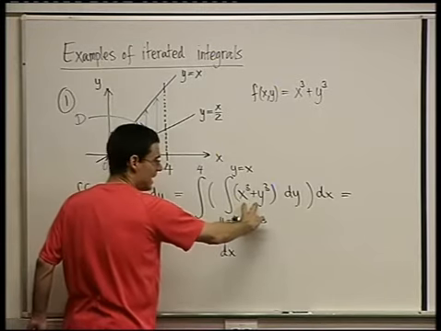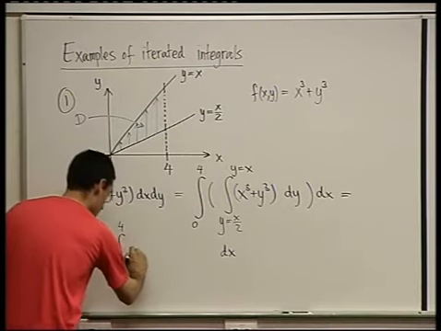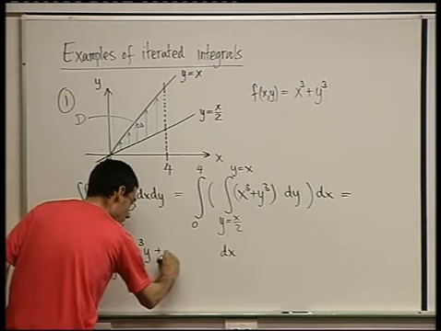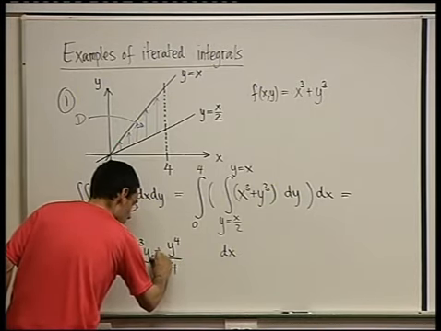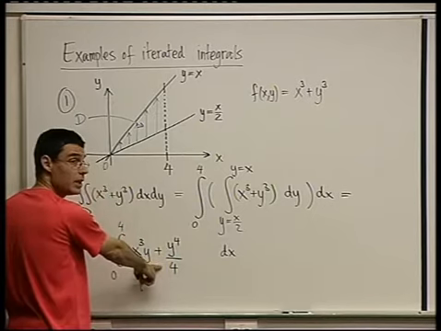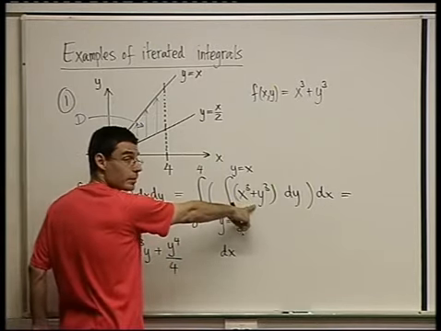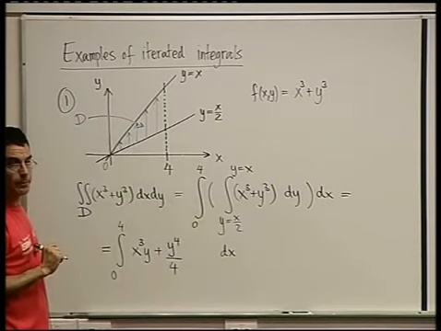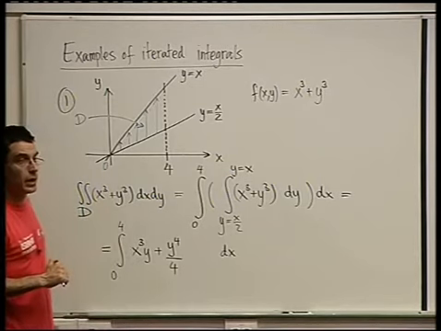What's the antiderivative of this with respect to y? It's x cubed y plus y to the power 4 over 4. Do you agree that this is the function whose derivative with respect to y is this? So this is the antiderivative of this with respect to y. X is now fixed. X is a parameter. Good?